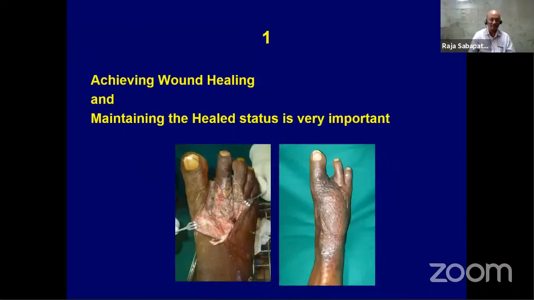So first I'll start off with some points which will form the basis of our talk and our work. It's the goal of all of us that when we meet a diabetic foot person like this, achieving wound healing and maintaining the healed status is very important. I think that's the most important thing.